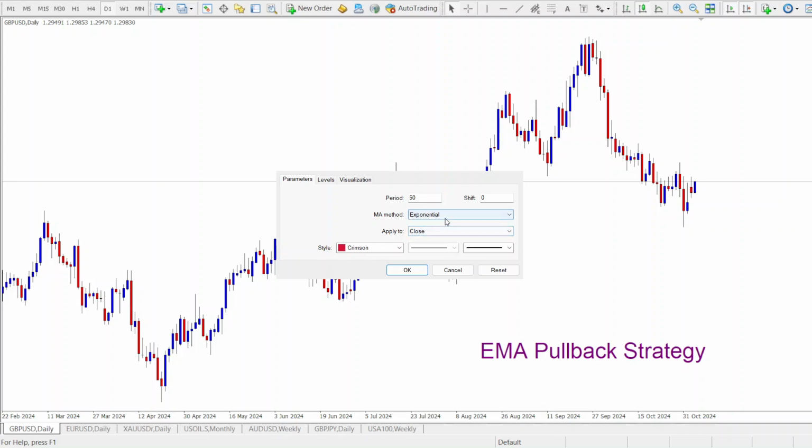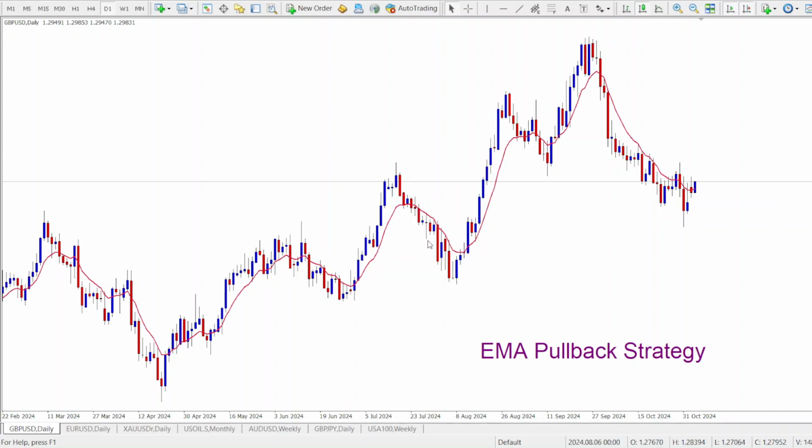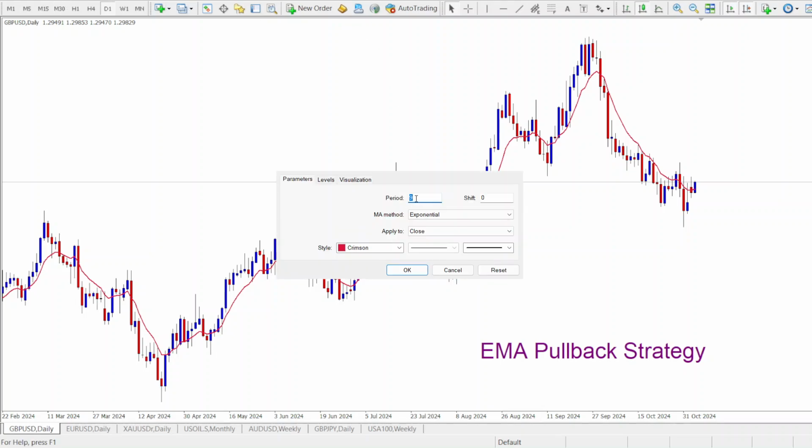Then for this particular strategy, I'm going to recommend using two exponential moving averages: a shorter one like the 9 EMA, so set the period to 9, and a longer one like the 21 EMA, so set the period to 21.